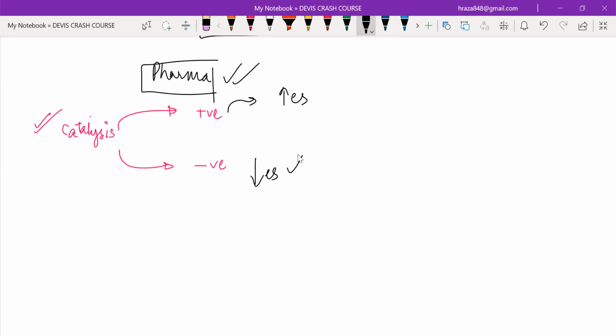And you also have seen that there was an enzyme part in which lock and key was there. Have you remembered? No, lock and key. Okay, let me show you. Let me just draw the diagram.